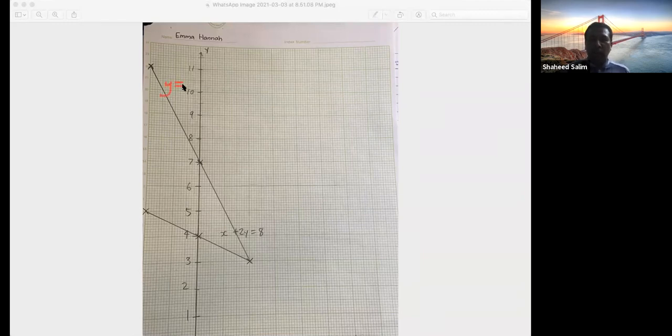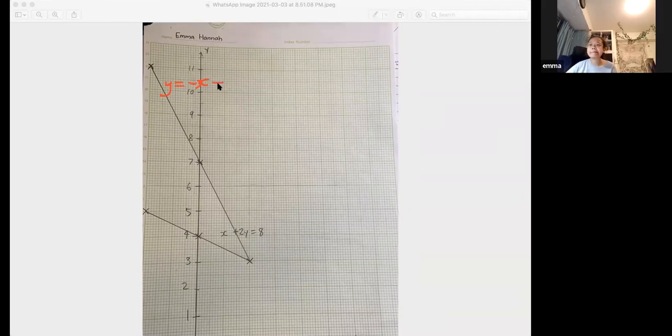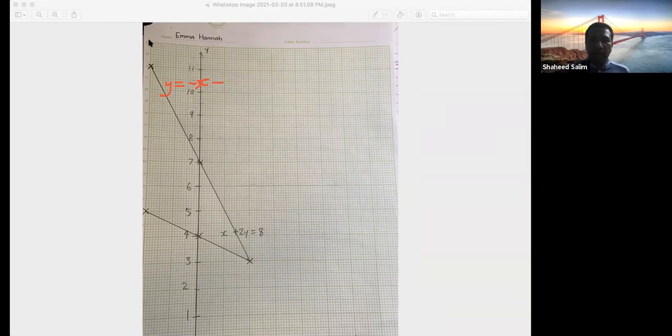So y equals minus 2x plus 7. Are you confused now? No?